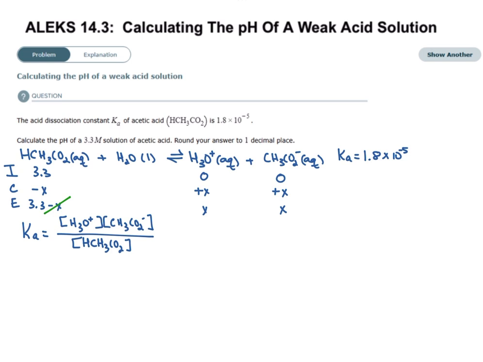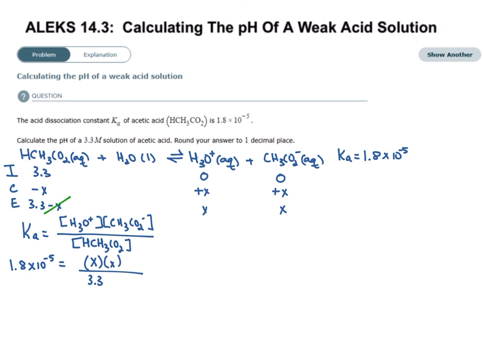So let's plug in our numbers that we do know. Our Ka value was given. Our equilibrium concentration of H3O+ is x. Our acetate equilibrium concentration is x. And equilibrium for the acid is just 3.3 because we're going to assume that x is so small it doesn't make a big difference.